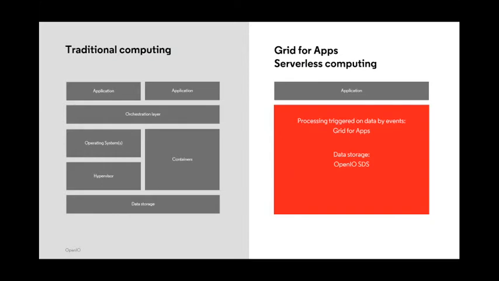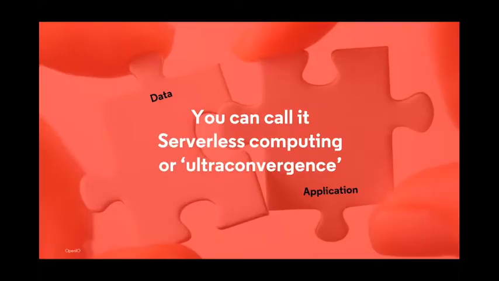It's a specific application written to run directly on the storage and to do specific tasks. But it's really powerful and easy to manage. You can find it named serverless computing, but I like ultra convergence, even though I shouldn't do too much marketing here. But the idea is that you have just data and application that work together.